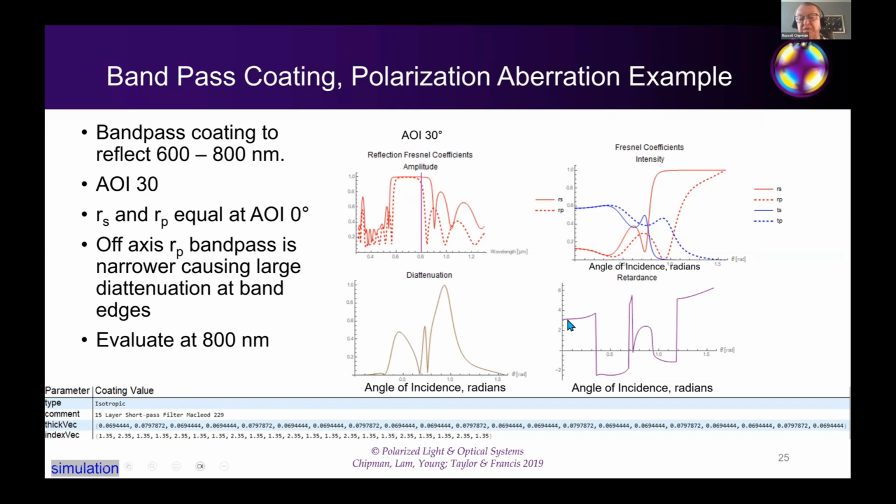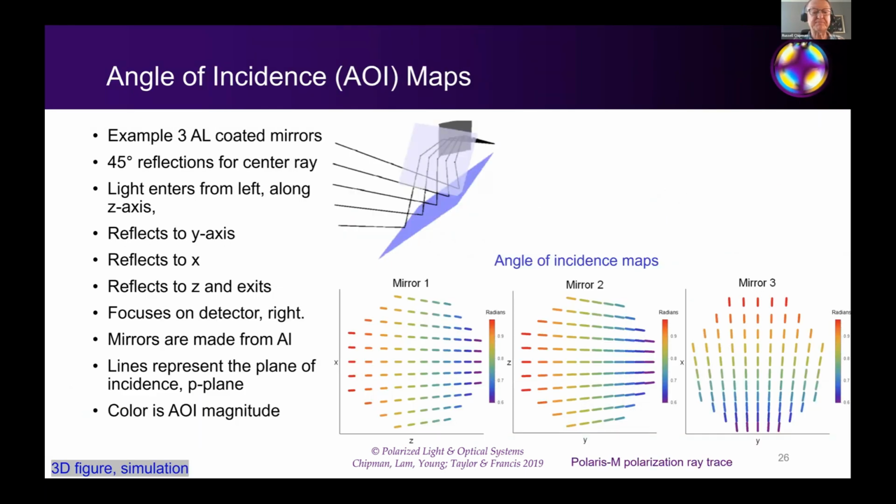And then this shows how the retardance varies as a function of angle of incidence. So now I have a lot of polarization effects, so I can make a really interesting example out of 3 mirrors. So we can have a little fun looking at the results of a polarization ray trace calculation.